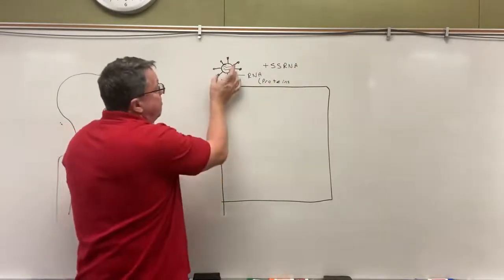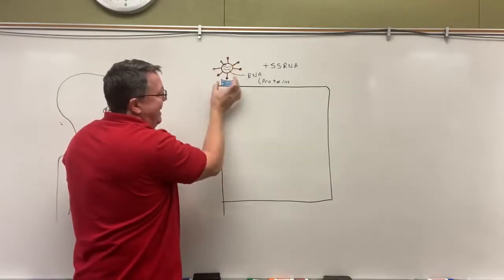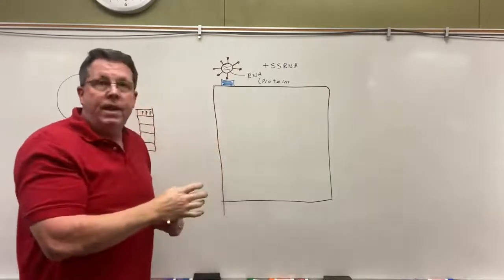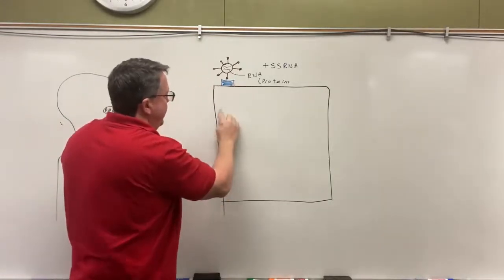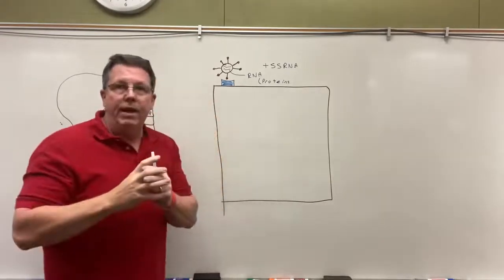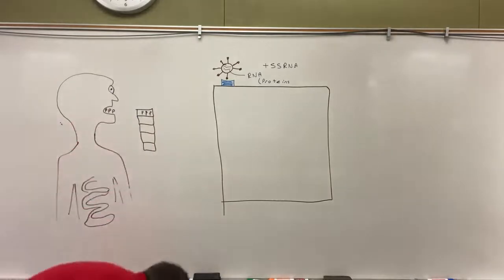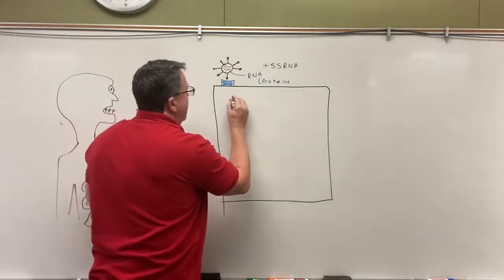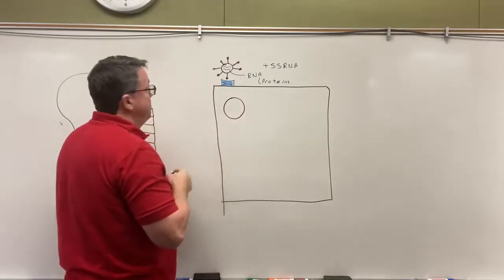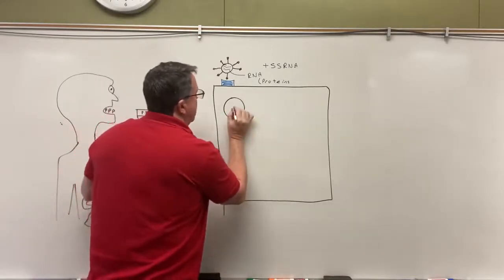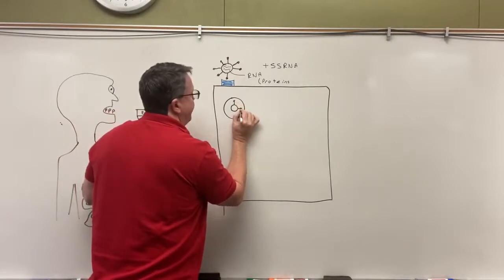So after the polio attaches to the receptor, it's going to pull it into the cell. As it pulls it into the cell, the cell membrane is going to wrap around it. It's called a vesicle. So now I have, this is the vesicle. This is my polio virus inside. There's my spikes.